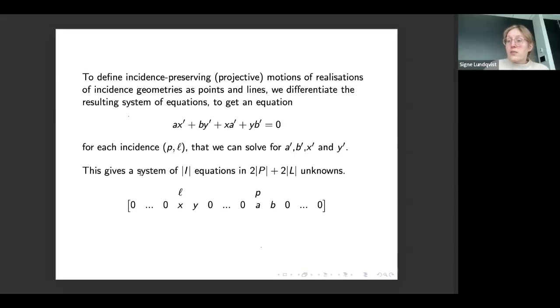All right, so you get a system of I equations in 2p plus 2l unknowns, and a typical row, or the row corresponding to an instance PL, looks like this. So you have 2 columns corresponding to each line, which should be filled with x and y. 2 columns corresponding to each point, which should be filled with a and b. And the rest of the columns should just be 0 in that row.